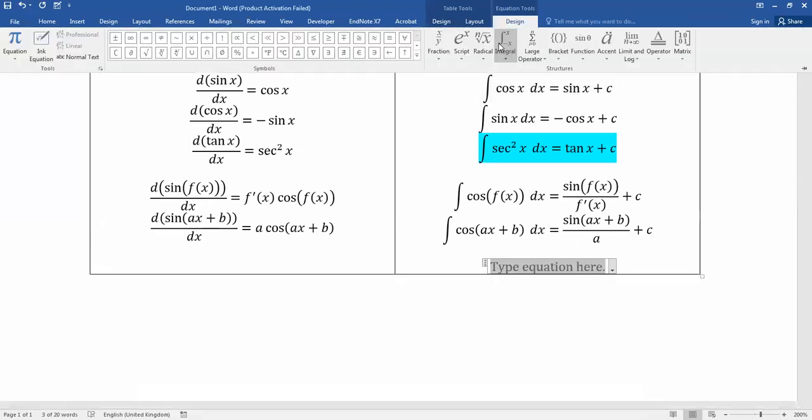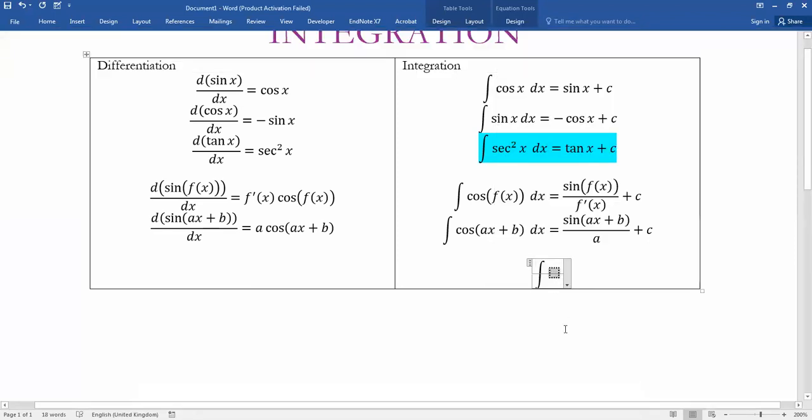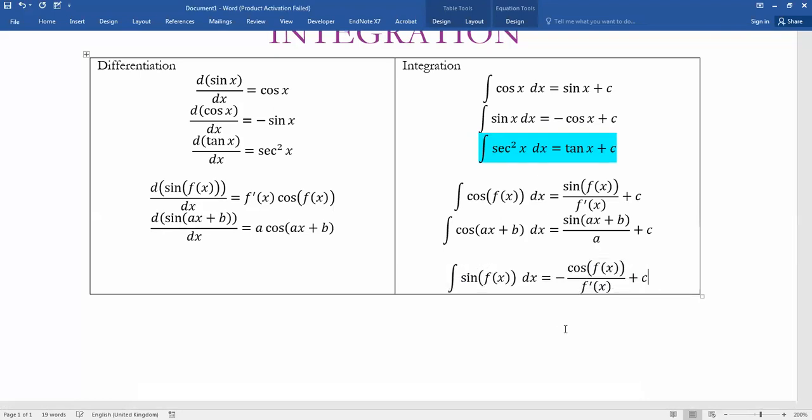Now again, if I ask you what will be the integral of sine if I have a function as an angle? Negative cos of the function divided by the derivative of the function, plus c. Is that right? Yes, sir. So these are the basic integrations of sine and cosine.